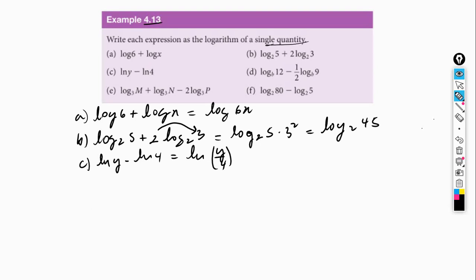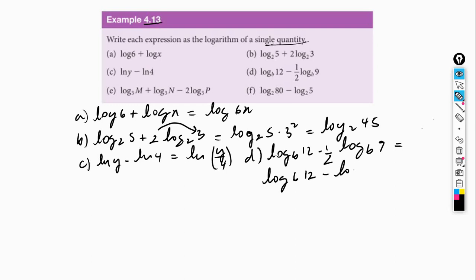For D, we have log base B of 12 minus 1/2 log base B of 9. And we can rewrite this as log base B of 12 minus log base B of 3.